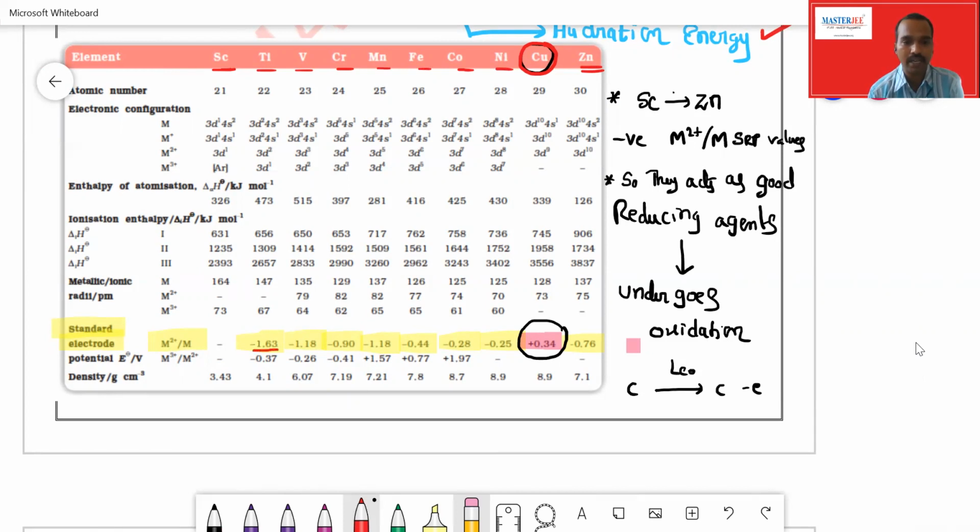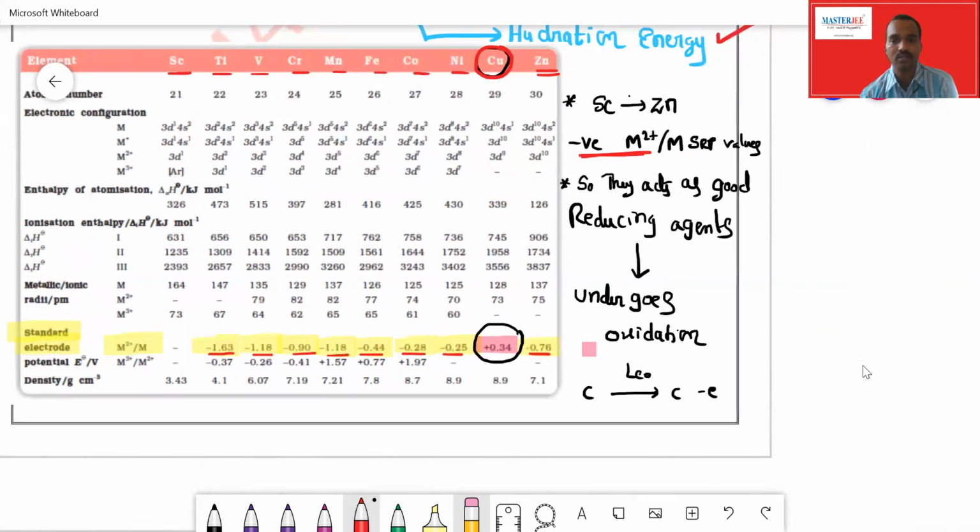Negative SRP means they are ready to donate electrons. That means they are good reducing agents. They donate electrons to others, which means they undergo oxidation readily. Except copper, all the remaining ones.